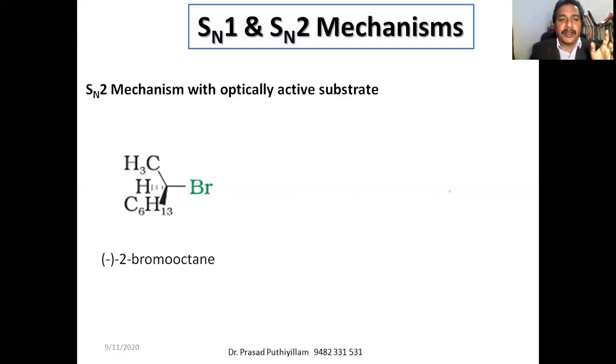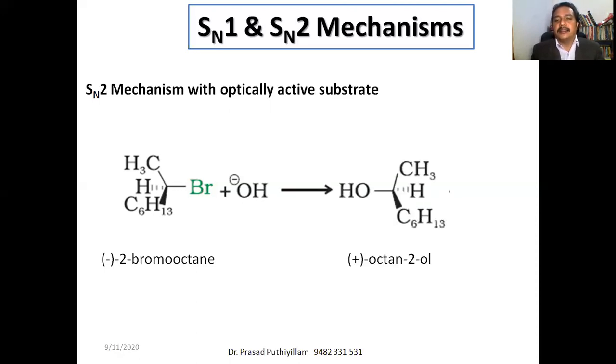So this levorotatory molecule reacts with the hydroxyl ion OH minus, and we get the corresponding dextrorotatory octan-2-ol. So we are getting the corresponding alcohol from the alkyl bromide. That is dextrorotatory.